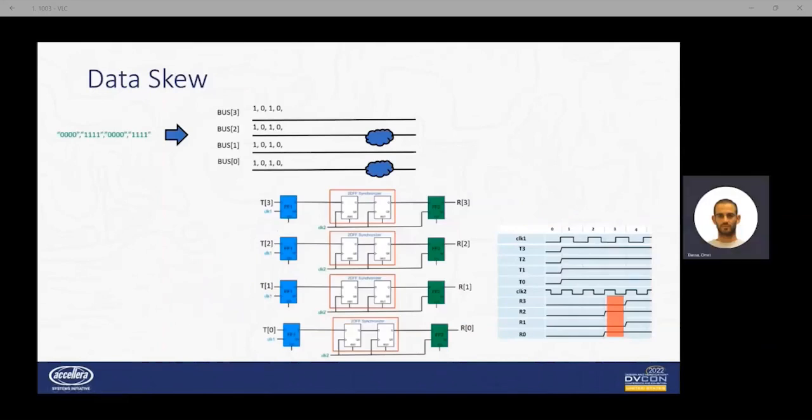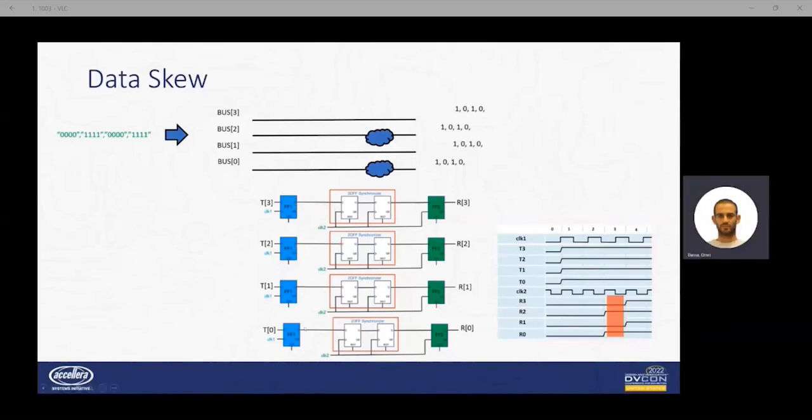Let's see the impact of data skew when we try to send several bits together, but using single-bit synchronizers. If we do that, you can see here that we are trying to send some pattern, but we can assume that several of those single-bit synchronizers will catch the signals at different times, since all of those paths are false paths.